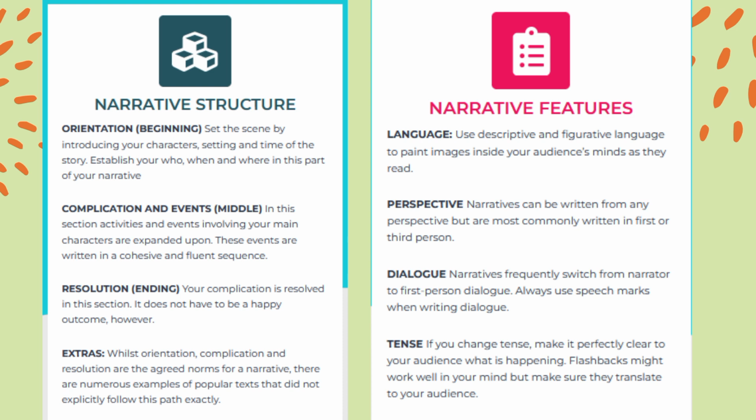Dialogue is frequent in narrative, and dialogue always uses speech marks when written. On tense, if you change tense, make it perfectly clear to your audience what is happening. A flashback might work well in your mind, but make sure that it translates to your audience. So those are the narrative structure and narrative features.